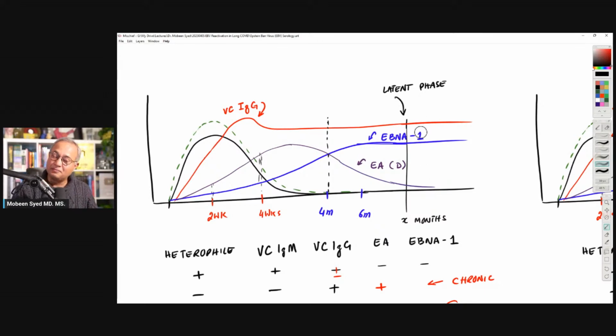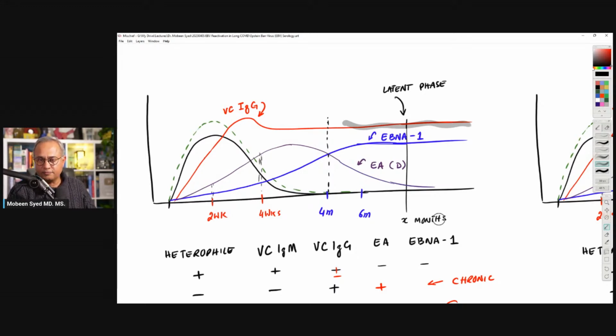So anyways, latent phase. What will you see in the latent phase? Number one, you will see IgG, which is an indicator that somewhere in the past the virus has arrived in our body. If the virus never arrived in our body, then there'll be no IgG and there will be no other protein. So for serology to be positive, there is going to be IgG. That just tells that we were infected.